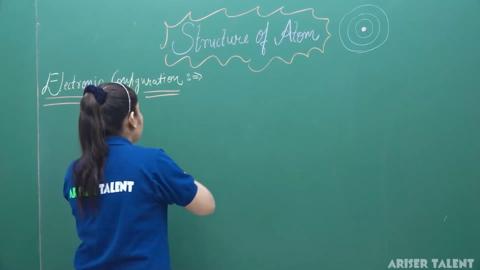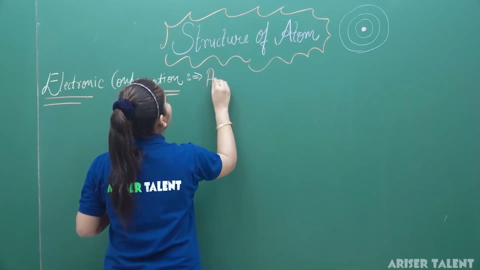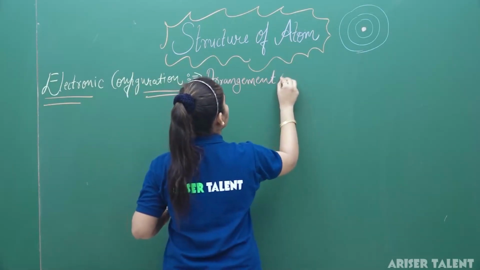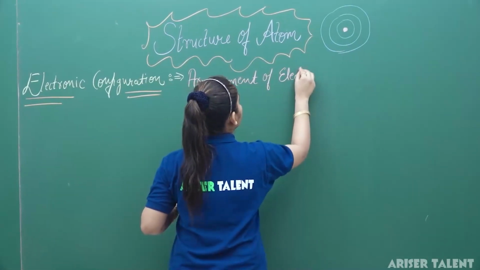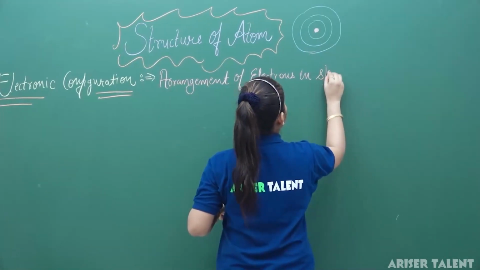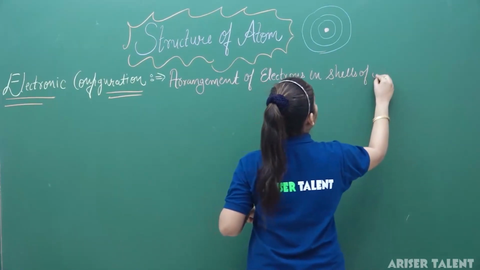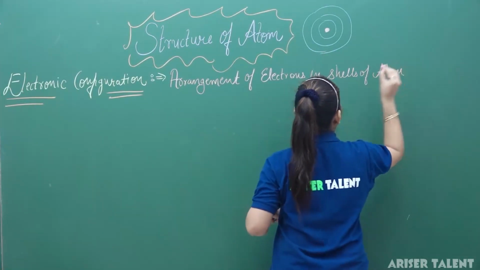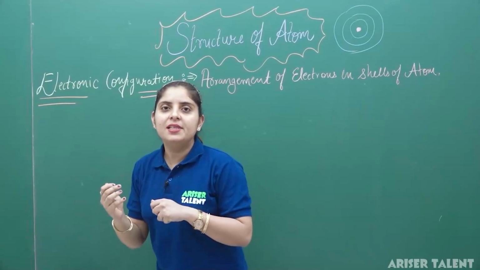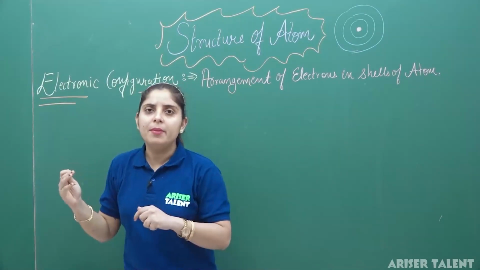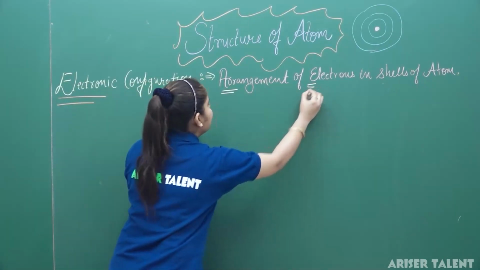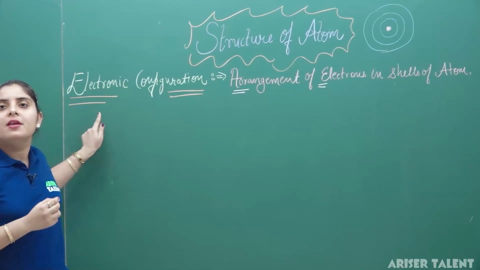We know that an atom has different shells which can be designated as K, L, M, N. So the arrangement of electrons in the shells is defined as the electronic configuration of an atom.